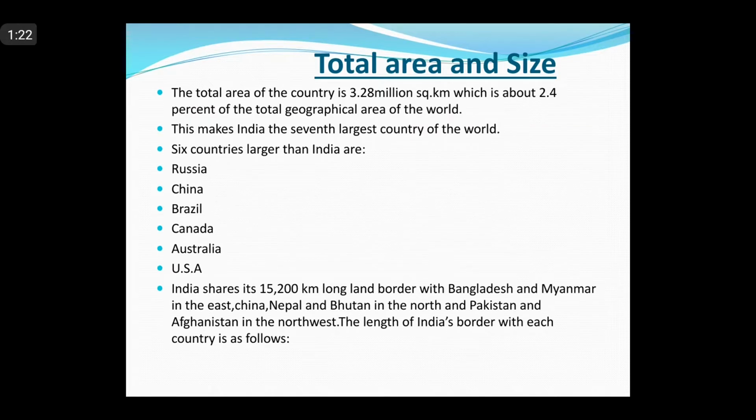Now let us discuss the total area and size of India. The total area of the country is 3.28 million square kilometers, which is about 2.4% of the total geographical area of the world. A very important thing to keep in mind is that India shares its 15,200 kilometer long land border with Bangladesh and Myanmar in the east, China, Nepal and Bhutan in the north, and Pakistan and Afghanistan in the northwest.